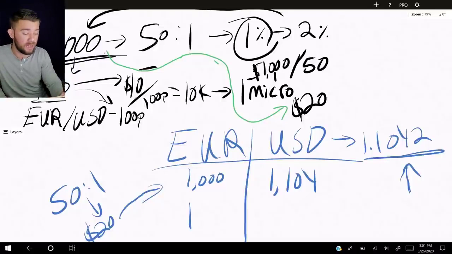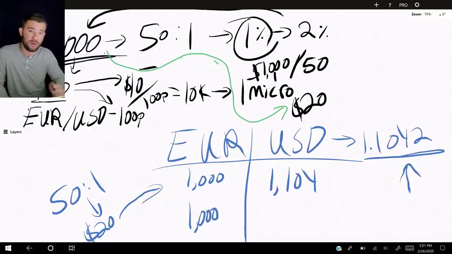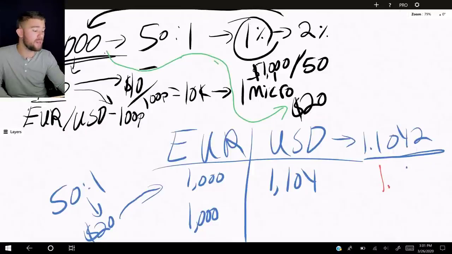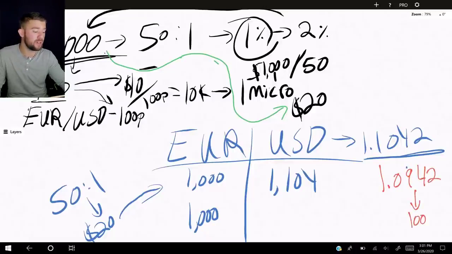You still have your same 1,000 units of euro, but now let's say the price of the euro drops from 1.1042, a decrease in value down to 1.0942, which would be a drop of 100 pips, which is what our stop loss was set at. So when it drops to 1.0942, your stop loss gets hit and you say, here's your 1,000 euros back.